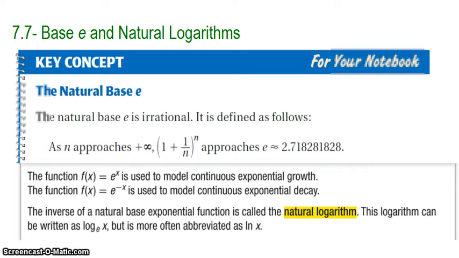So far we've seen logs with various bases, 2, 3, 5, whatever, and we know that our common base is 10. We also have what's called the natural base, an irrational number that is approximately 2.71828. That exact value is not important, but it is used to model continuous growth and continuous decay.